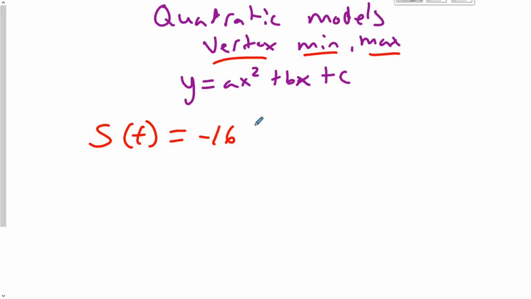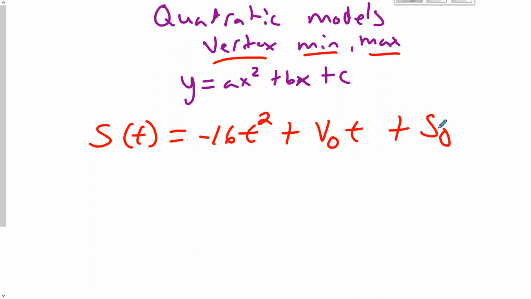Negative 16 t squared, where t stands for time, plus v sub 0, which is the initial velocity, the velocity that you start out with, times t, plus s sub 0, which is your initial height.